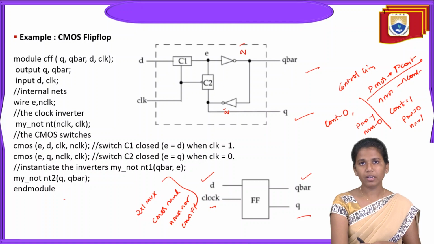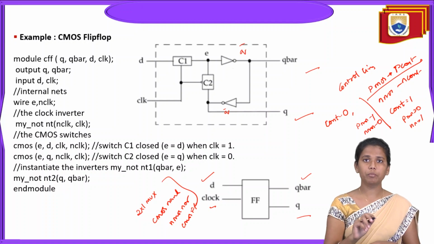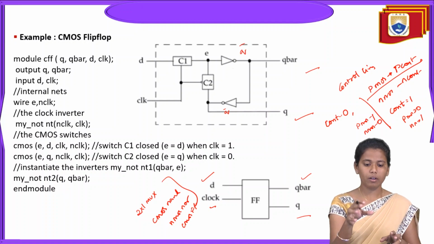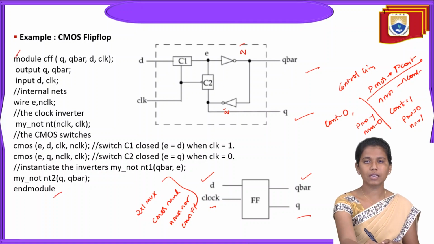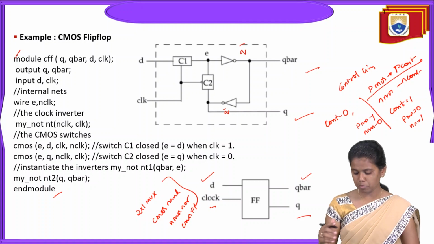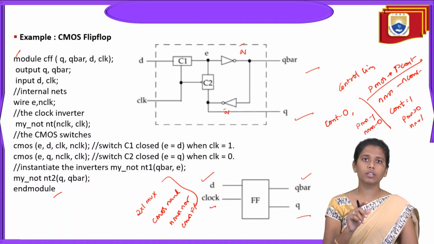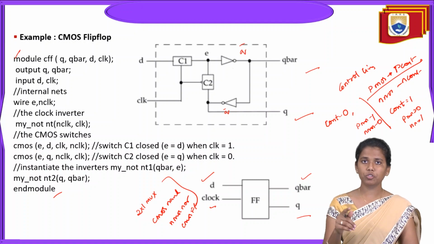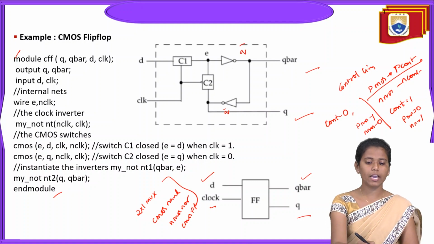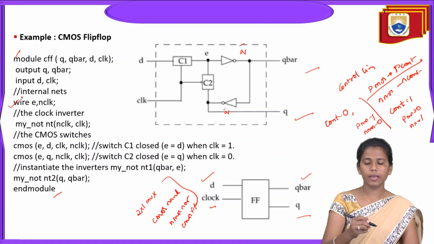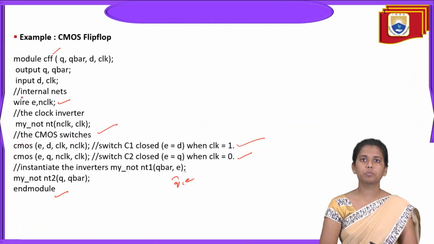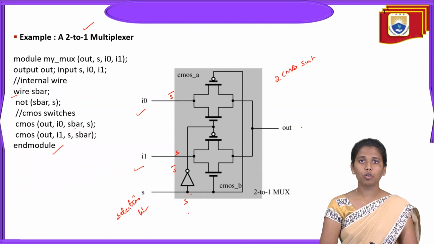And then finally remember to terminate your code with the endmodule. This is very important. Module you have started and you have ended with the endmodule. And also, in order to connect all the elements, all the gates or all the flip-flops, make sure that the physical connections are needed and you are representing them with different nets called wires. Okay, so these are a few examples based on the switch level modeling. I hope you all get it.